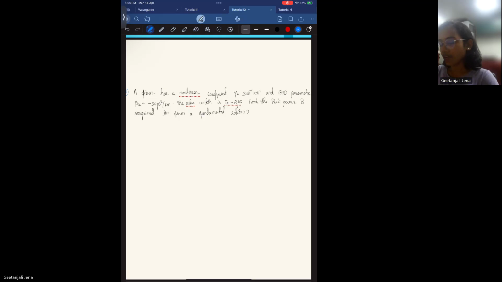I will try to cover the concepts that have been taught in this last week, which is mostly about solitons: how the pulse evolves in the presence of dispersion or nonlinearity, and how it behaves when we have both dispersion as well as nonlinearity in the medium.